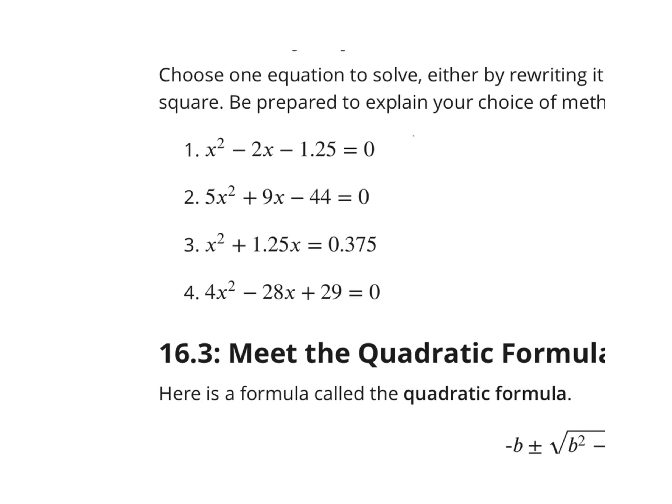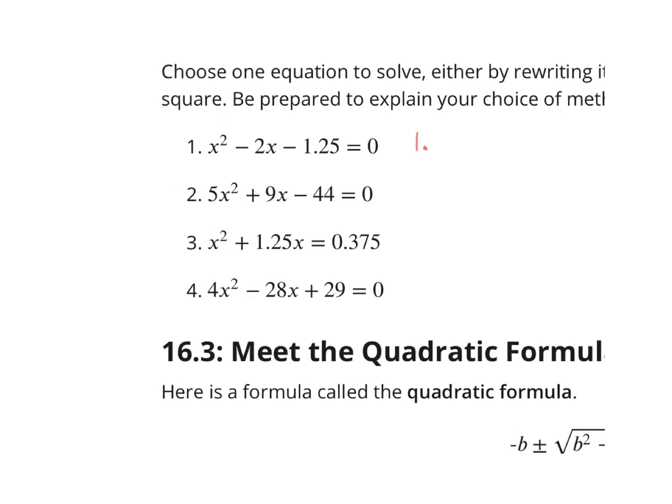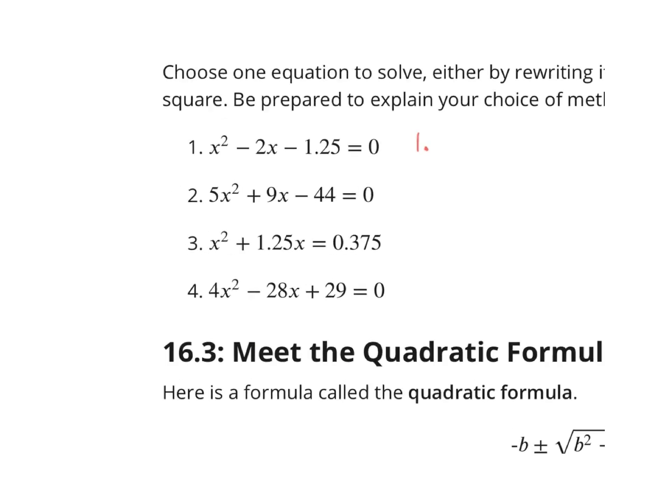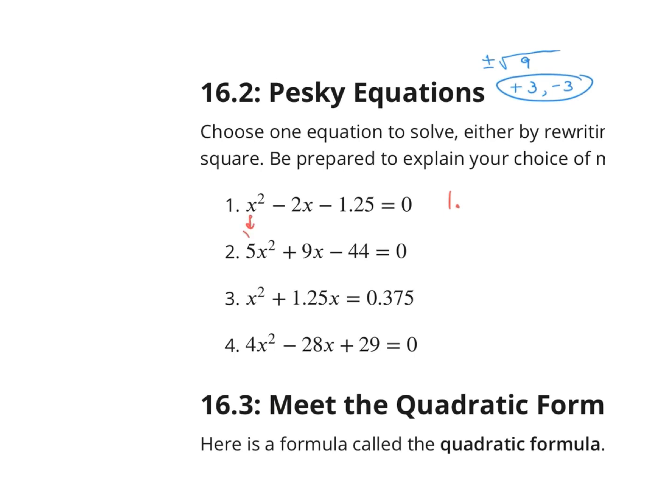When I do that, I need to start by thinking, if we have x times x here, I know that this term is going to be made up of double x times some unknown. That unknown has to make it equal to -2, so I know my unknown is going to be -1.